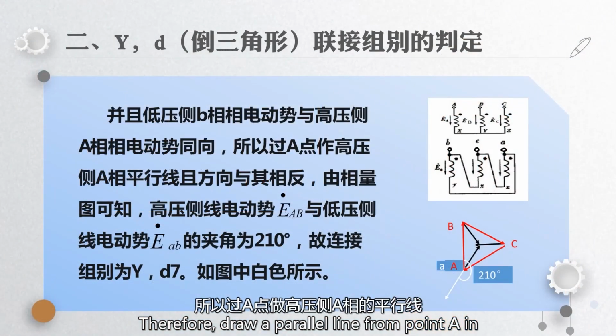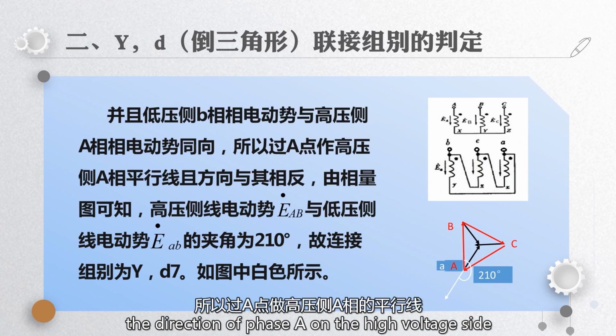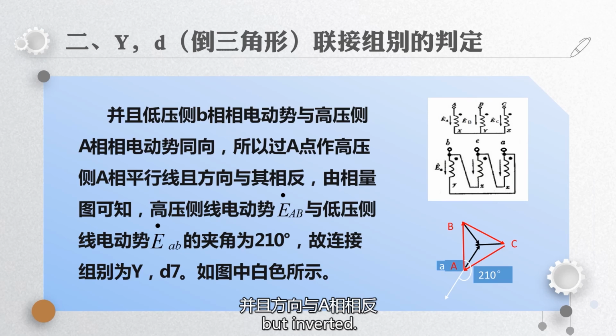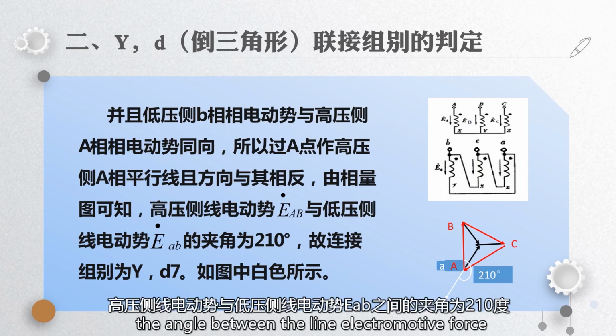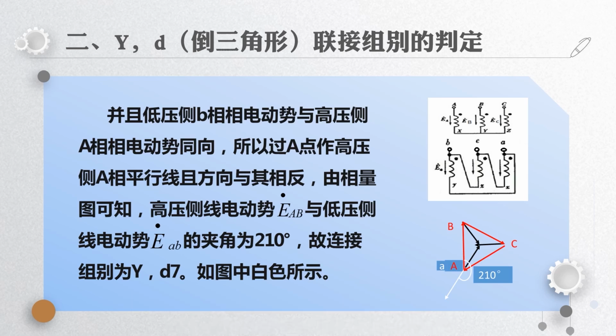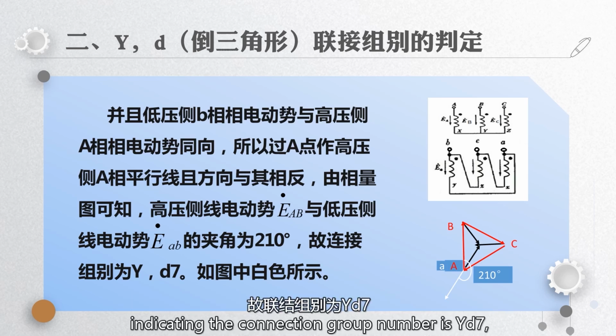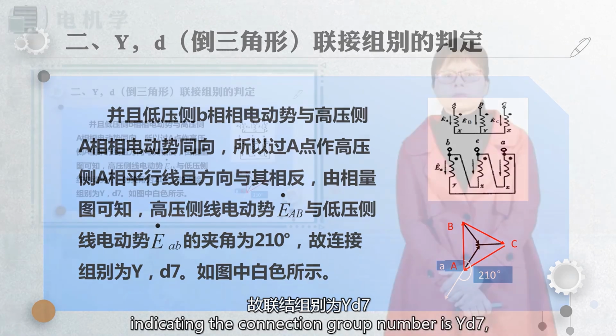Therefore, draw a parallel line from point A in the direction of phase A on the high voltage side, but inverted from the phasor diagram. The angle between the line electromotive force EAB on the high voltage side and the line electromotive force EAB on the low voltage side is 210 degrees, indicating the connection group number is YD7.